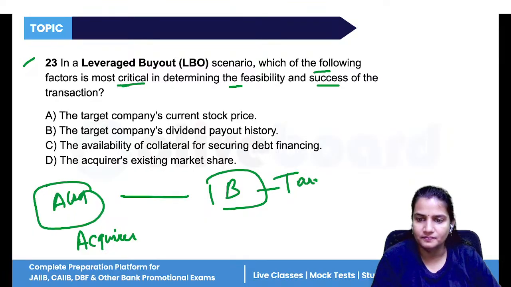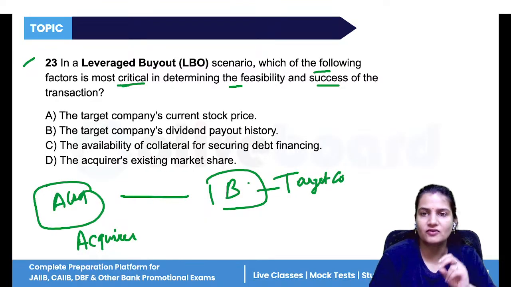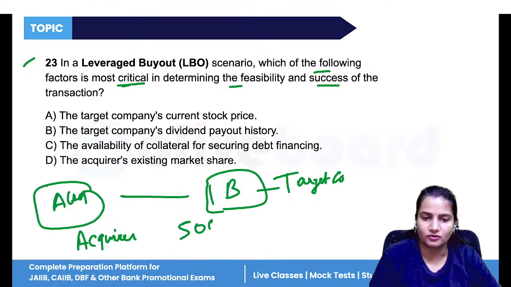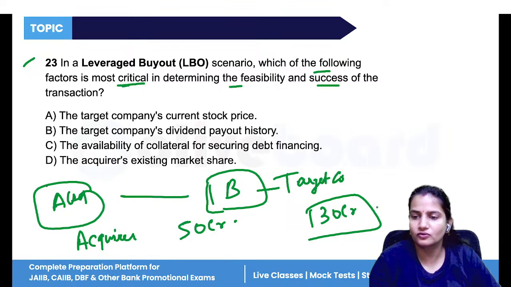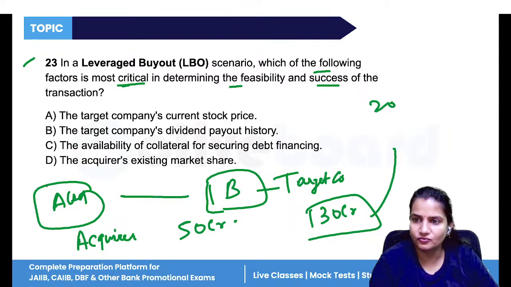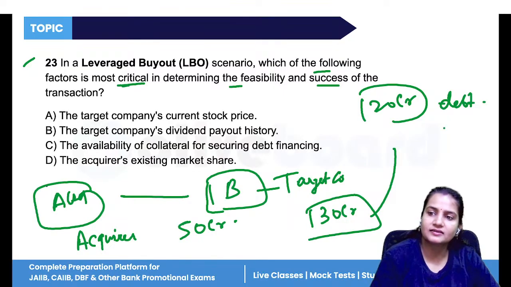The target company for you. After doing the valuation of the target company, you have found that the target company is costing rupees 50 crore, but you only have 30 crore in hand to purchase the company. So what will you do? You will go to the bank and ask for 20 more crore, which means you will take debt, that is a loan from the bank, and then after taking that debt, you purchase this company.